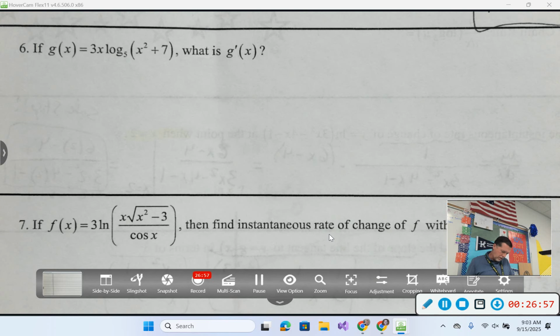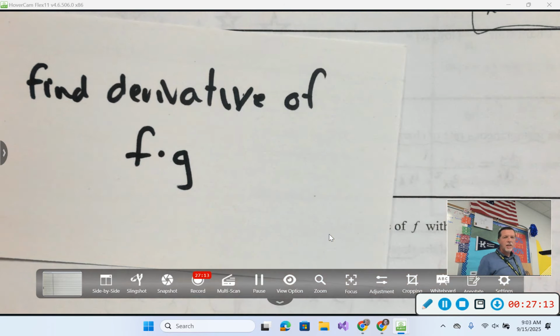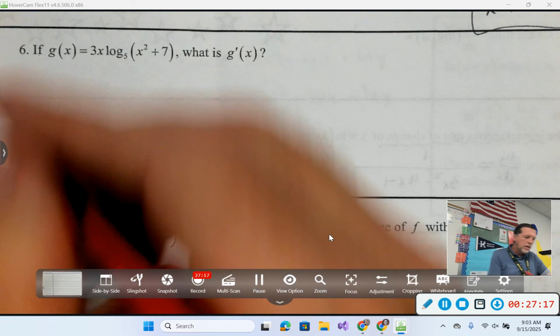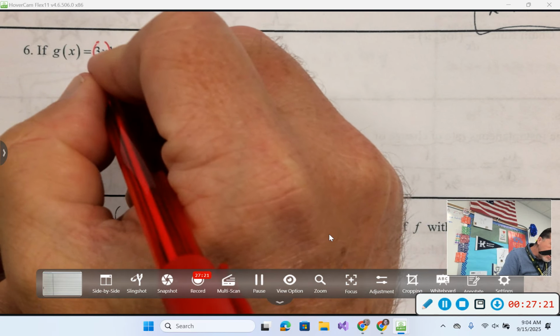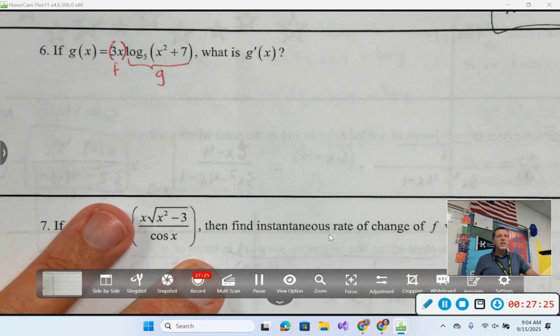I added product and quotient rules to the growing number of cards. There it is. You knew that one already. FG prime plus GF prime. So I'm gonna attach the 3 to the x, call that F, call that one G.